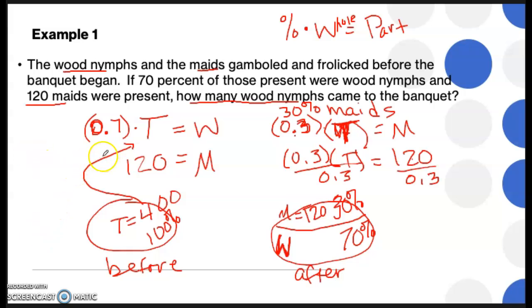Now I can write a new equation. I'm going to write down here in the bottom. Now I have 0.7 times my total, which I know now, 400, equals the wood nymphs.